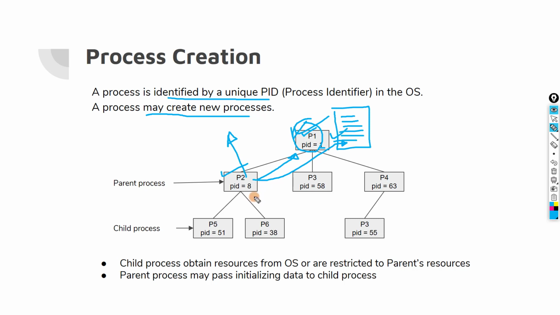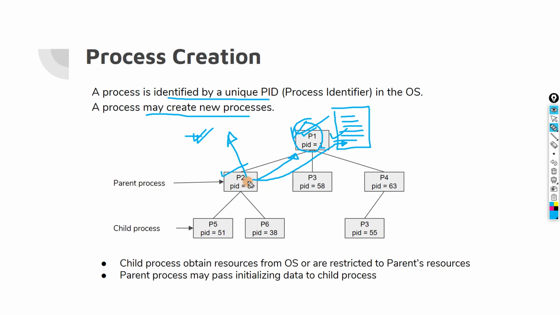In most cases, the child is bound to get the resources of its parent, not the operating system. Why? Because if we allow the child to use the resources from the operating system directly, then any process may create a huge number of children, because this process doesn't need to give resources to its child.